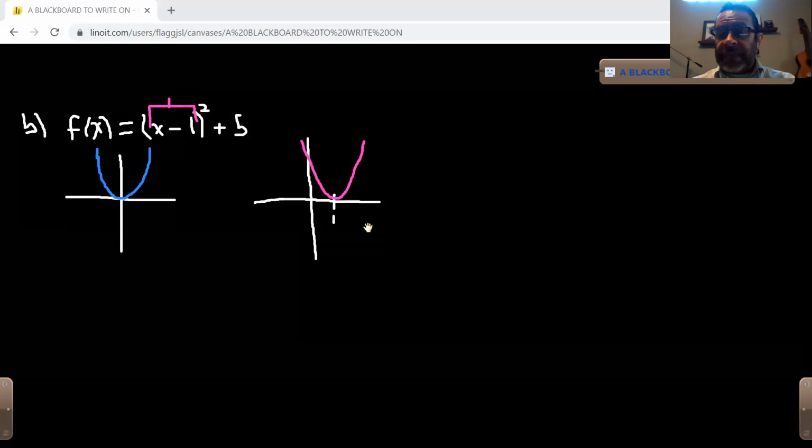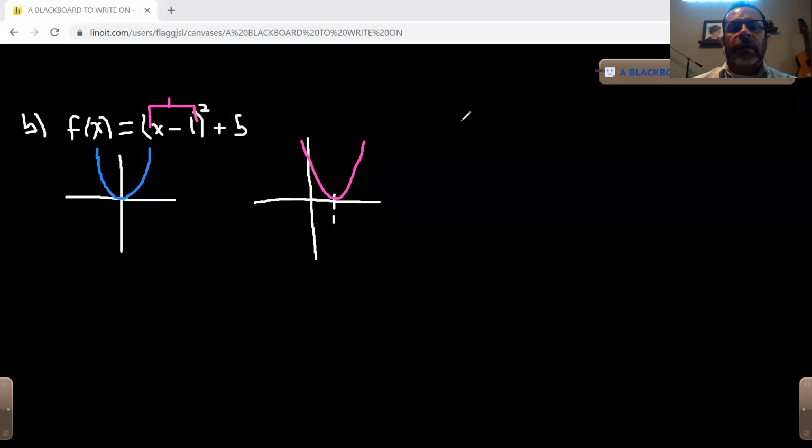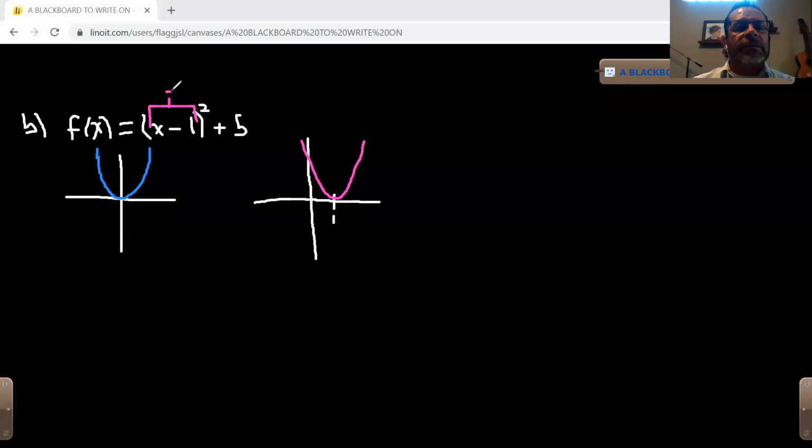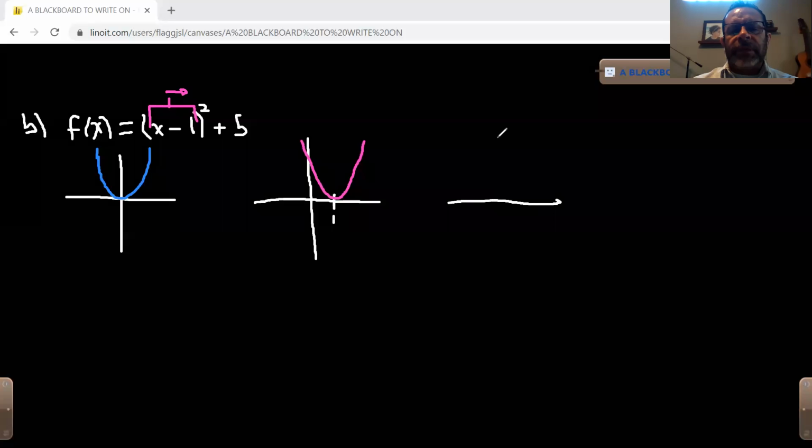If I were to ask you for the intercepts, then you would need to give me those values, but I'm not. So that would be the shift to the right 1 unit. Questions there? Are we okay up to this point? Yes.